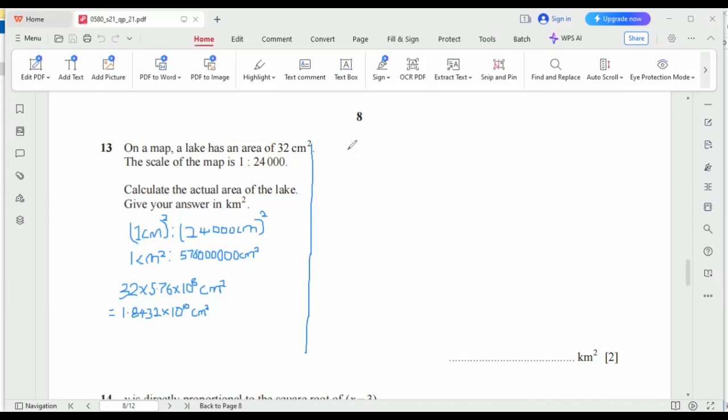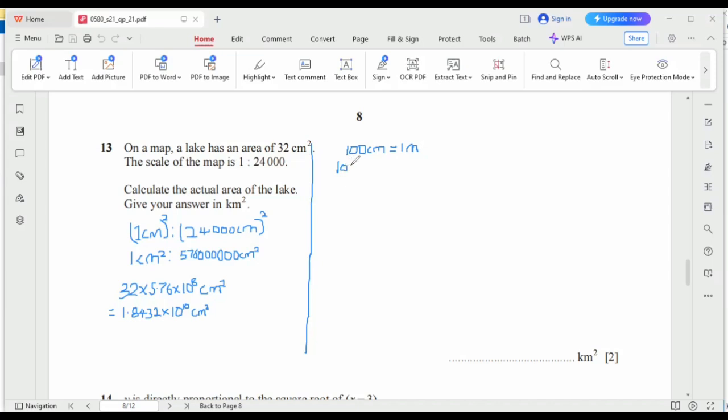If you can't get that directly, we can start by saying we know 100 centimeters makes 1 meter. They're not going to give you this conversion, so if you don't remember, you have to know how to derive it. So 100 centimeters makes 1 meter, and we also know that 1,000 meters makes 1 kilometer.